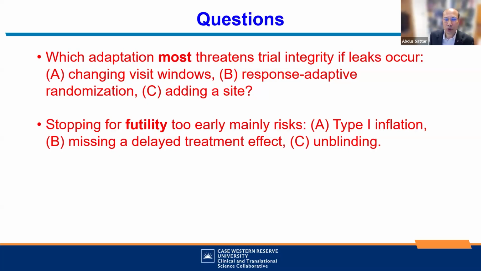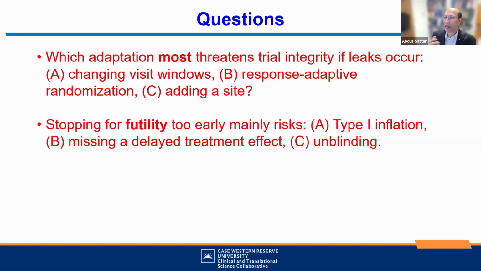I'll be talking more about different types of adaptive randomization, like response adaptive randomization, covariate adaptive randomization, treatment adaptive randomization, etc. This is the most important one, in the sense that we have to pay attention to any response adaptive randomization that we do.